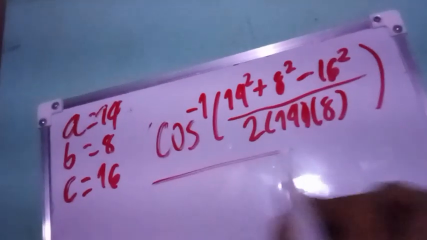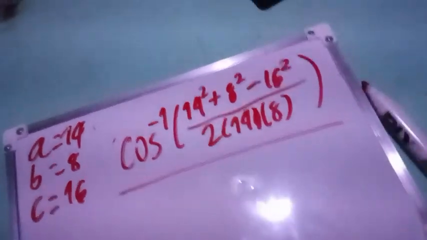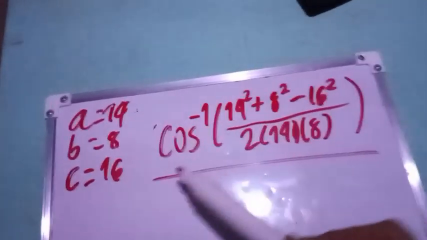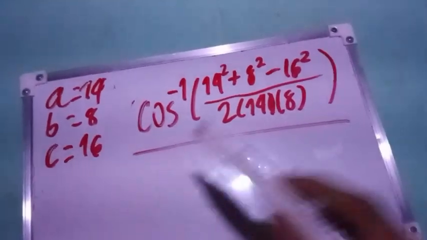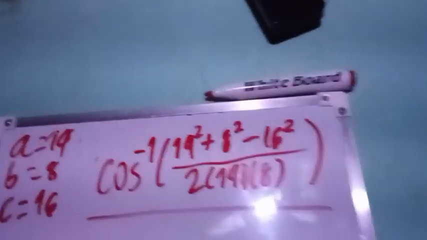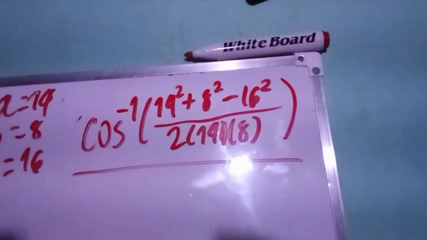Okay, this would be this. If you want to make it a bit easier, you write this all down to get your final answer. That's really easy, but let me put it in the calculator.